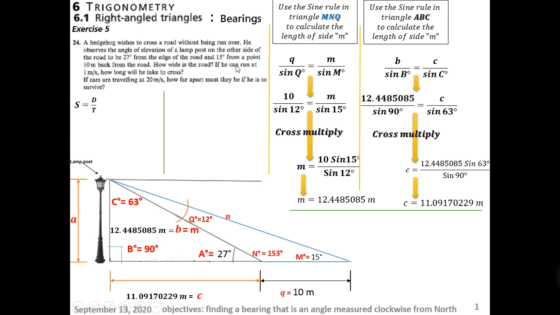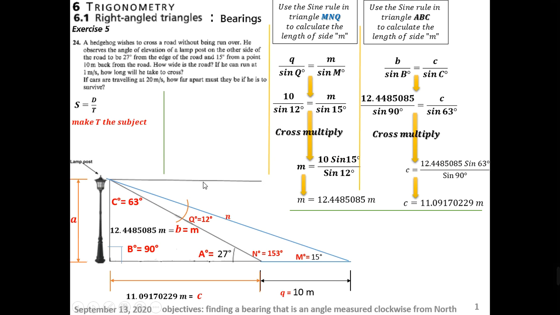If he can run at 1 meter per second, 1 meter per second represents the speed. How long will he take to cross? How long? It means he needs the time. The general rule of speed, distance, and time: speed is equal to distance over time. Now, since the question is asking how long, it's asking for the time, so let's rewrite this general rule in terms of t, meaning let's make t the subject.